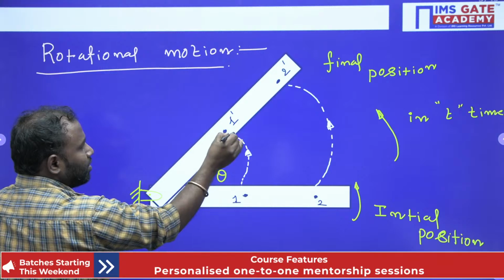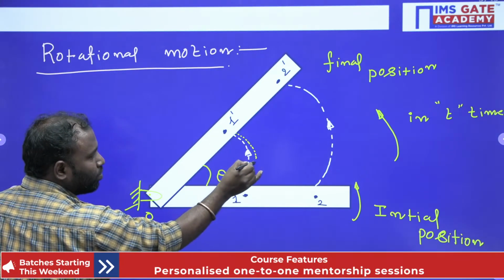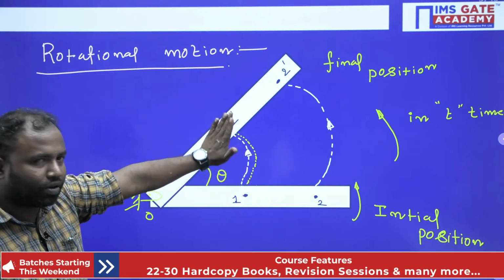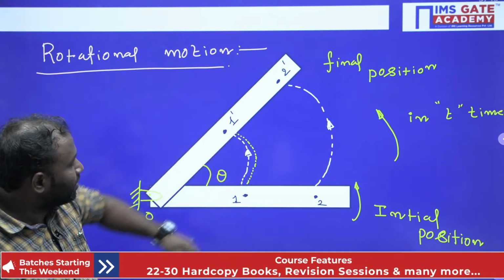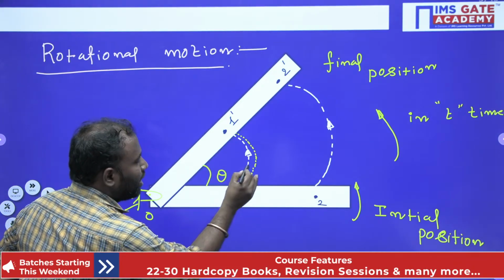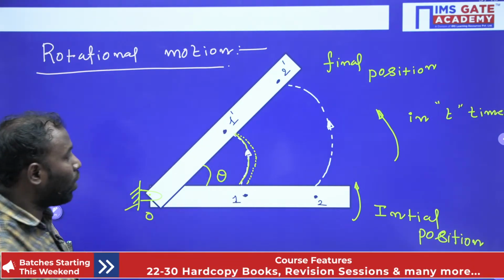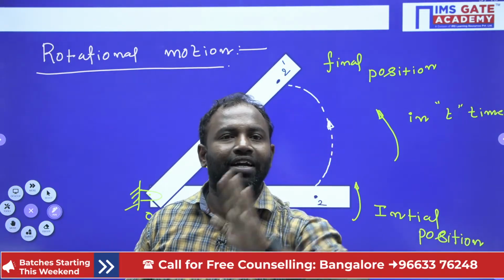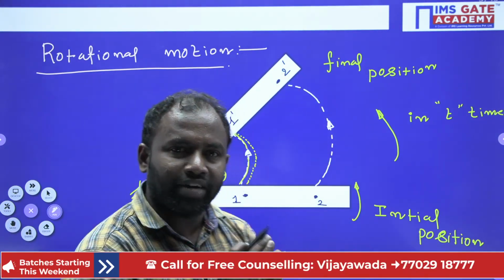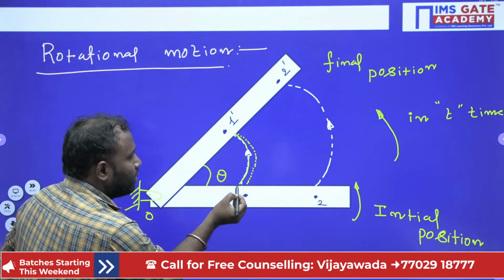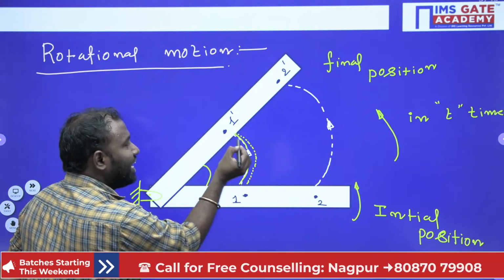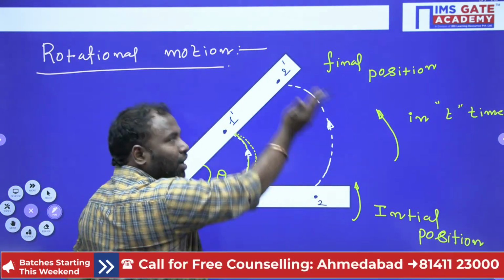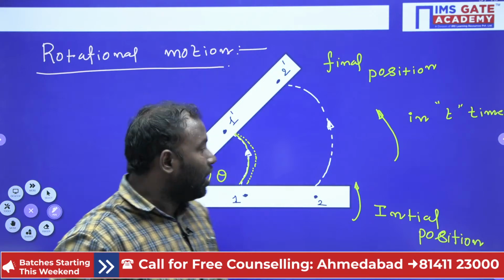Have a look at this. Linearly it moves like this. The white line is similar, but I wanted to highlight that. So this is the linear displacement of particle 1 when the body is under pure rotation. Clear, everybody? We call this length the linear displacement of particle 1 when the body is completely in rotational motion. How do we calculate this length?